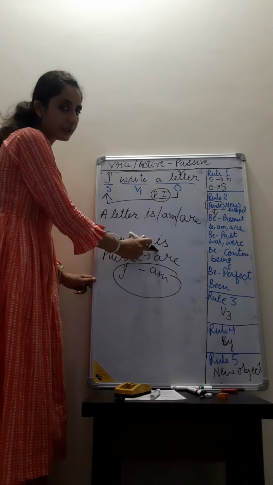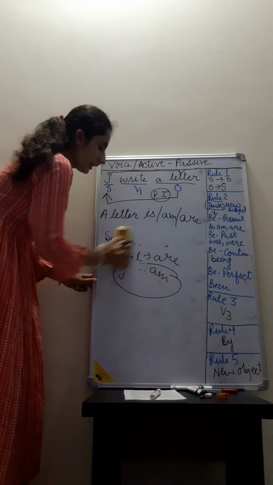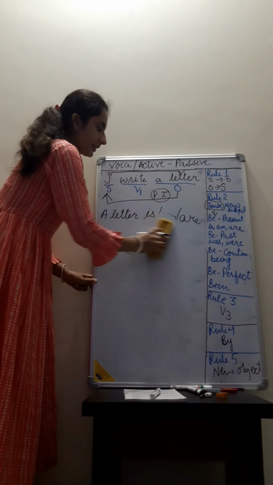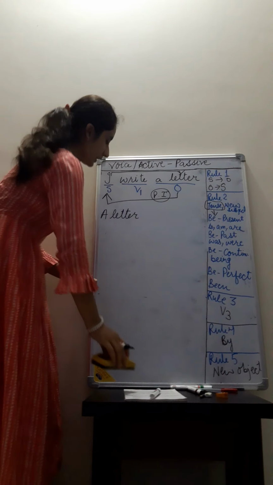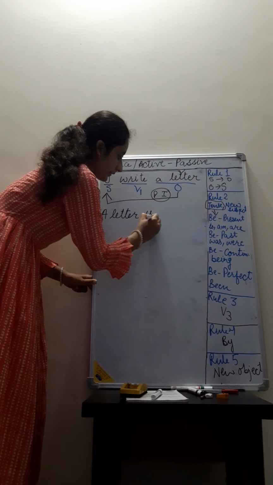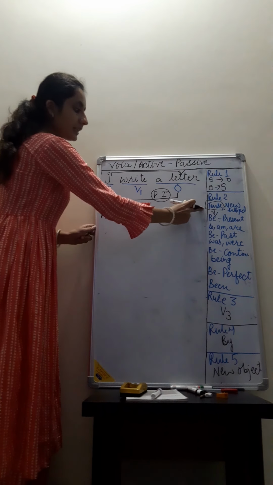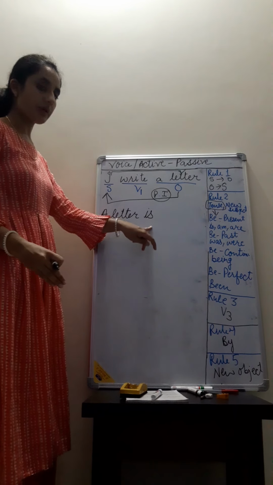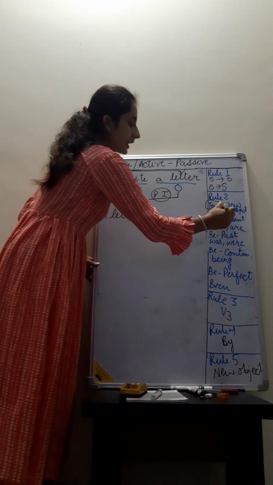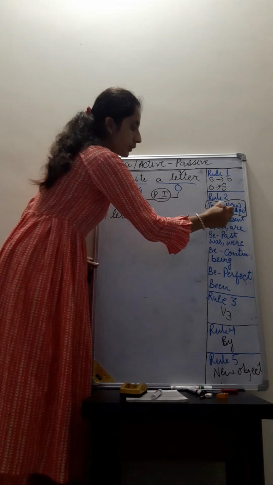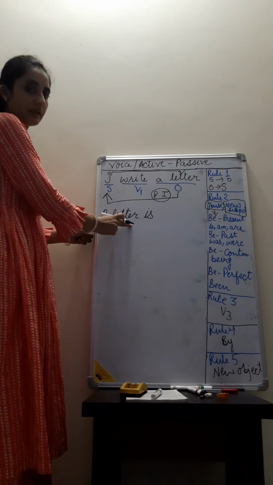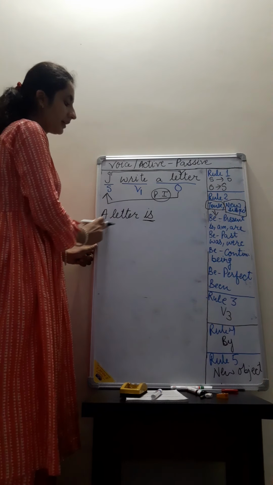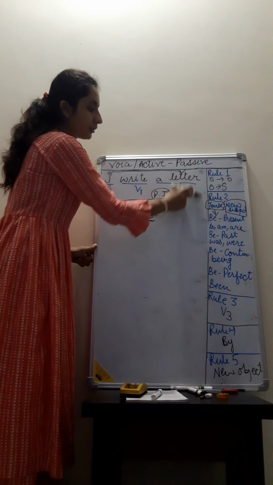In singular, we use is. A letter is singular. A letter means one single letter. So, here we will use is. We have seen the tense. From the tense, we selected 3 forms. Those were is, am, are. Then we checked the new subject. Here our new subject was a letter, which was singular. So that's why we selected is here. A letter is. We have completed rule number 2.